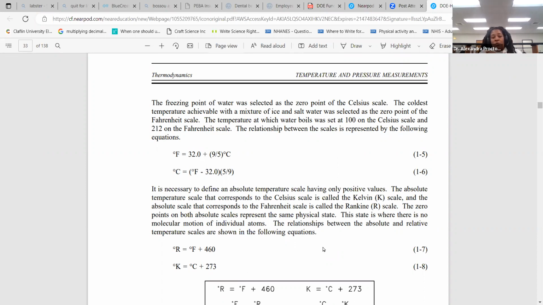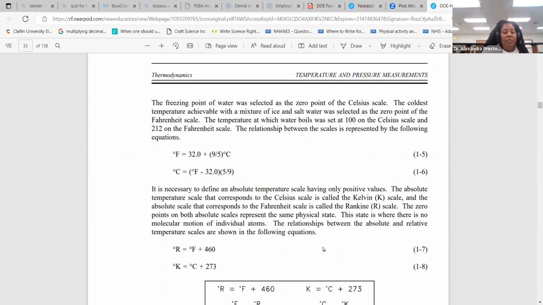So the relationship between absolute and relative temperature scales is the following. So they give you some equations. So the Rankine, remember, is the absolute scale for Fahrenheit. So Rankine is equal to whatever temperature Fahrenheit they give you plus 460. And Kelvin, the Kelvin temperature, is equal to the degrees Celsius plus 273.